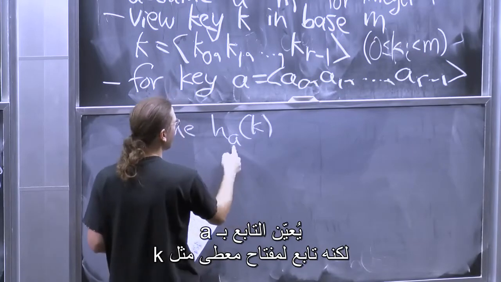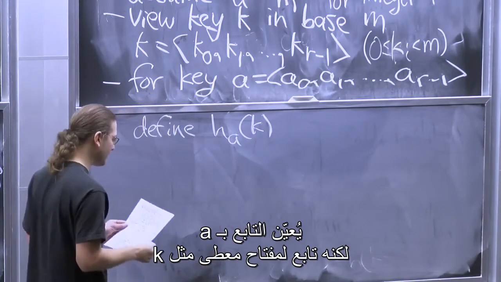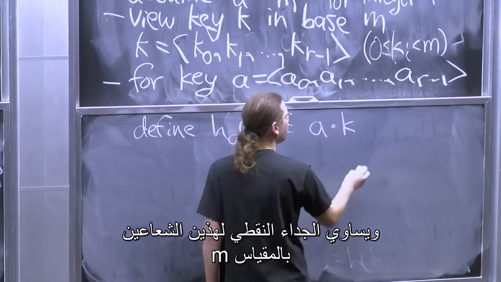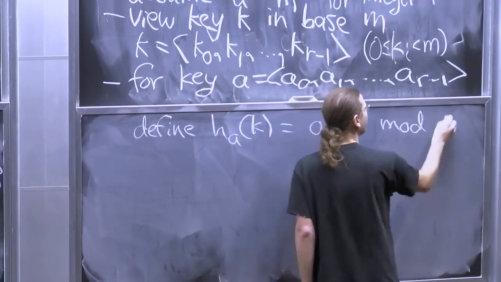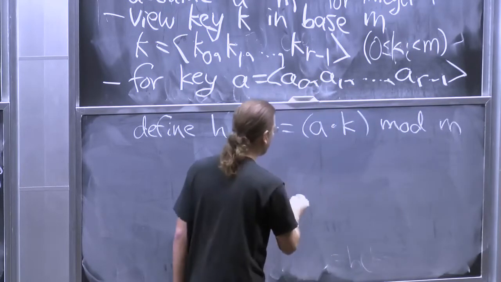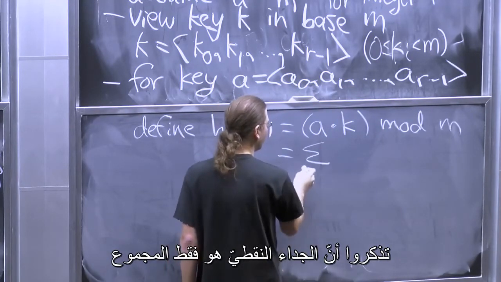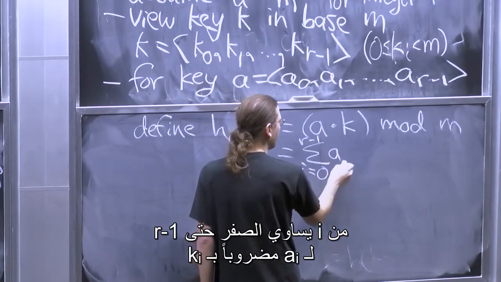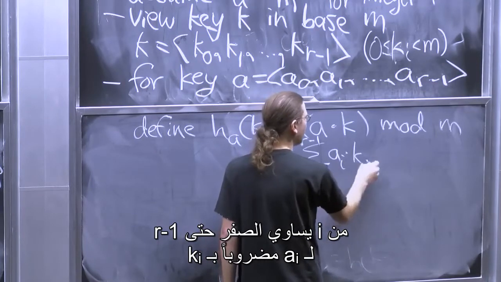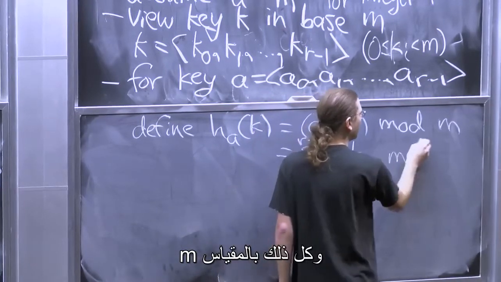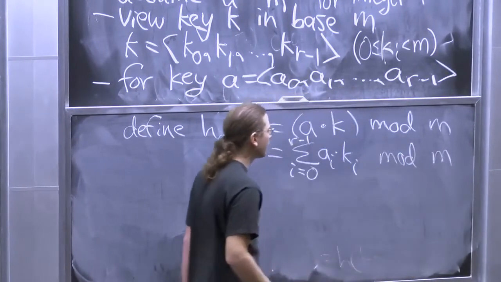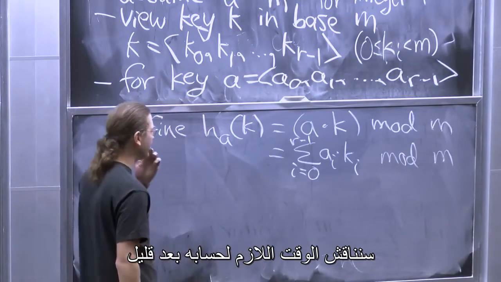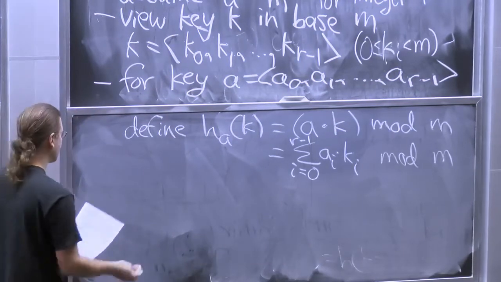So this is parameterized by a, but it's a function of a given key k, as the dot product of those two vectors mod m. Remember, dot product is just the sum from i equals 0 to r minus 1 of a_i times k_i. I want to do all of that modulo m. We'll worry about how long this takes to compute in a moment, maybe very soon.